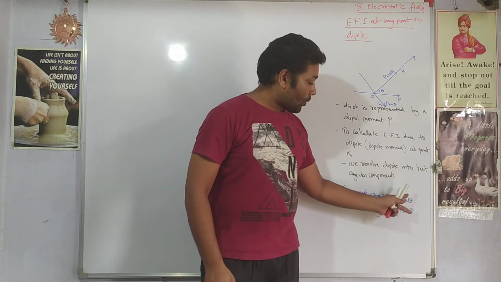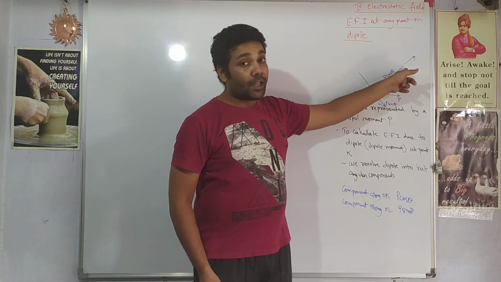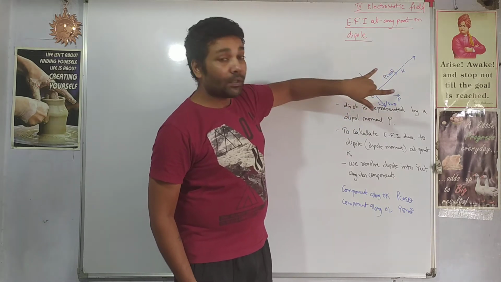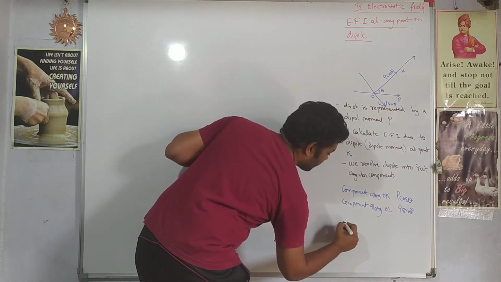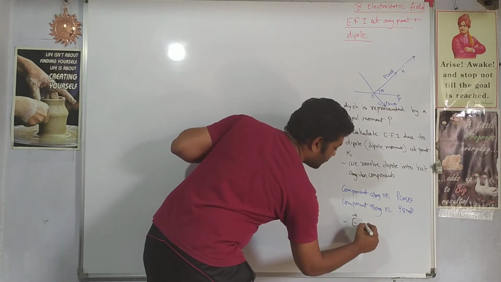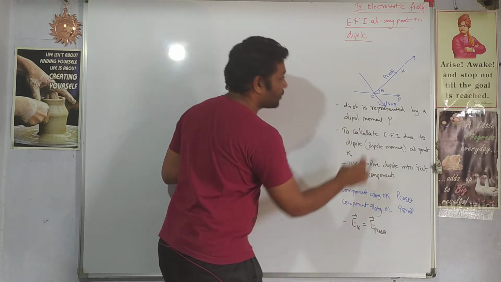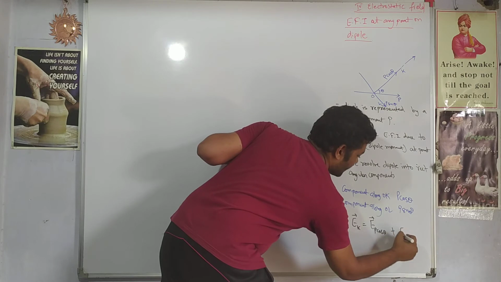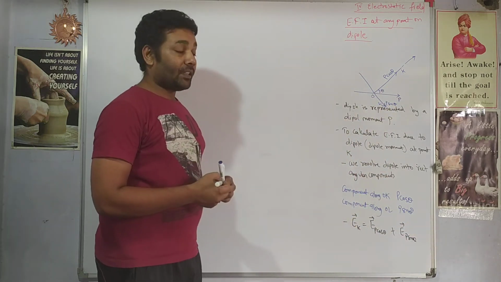Now with these components, I will calculate the electric field at K due to P cos theta and due to P sin theta. Let us see. So electric field at K will be due to P cos theta, the electric field due to this component, right? And the electric field due to this component P sin theta.